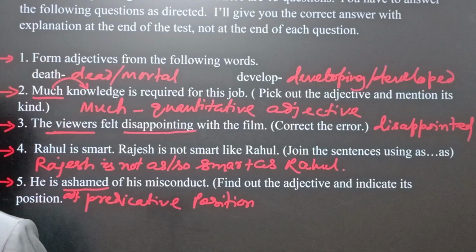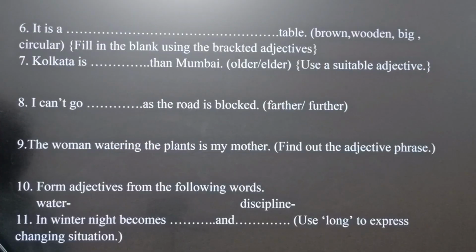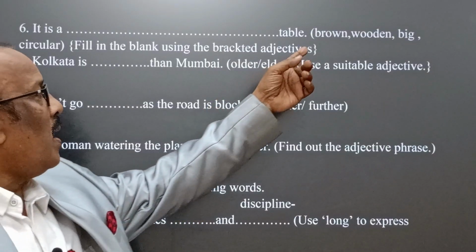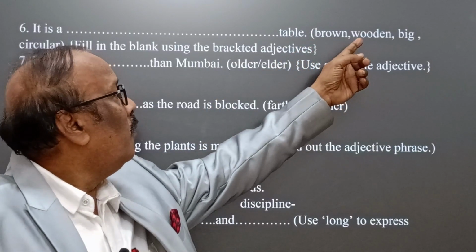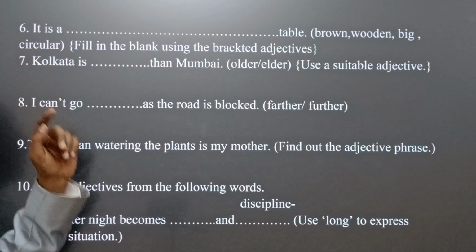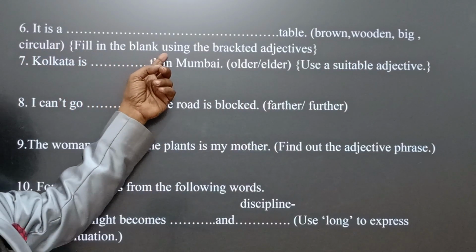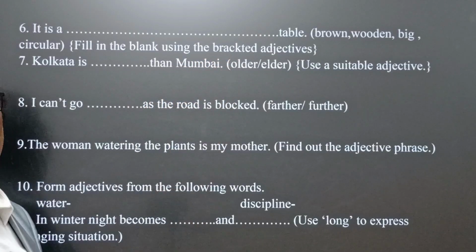Now come to the next question. It is a blank table. Here we have adjectives brown, wooden, big and circular. Fill in the blank using the bracketed adjectives.